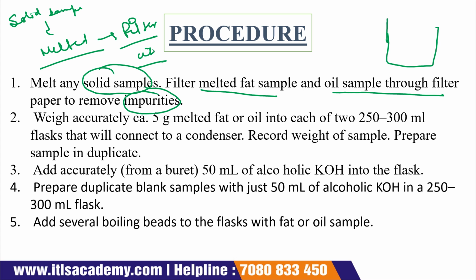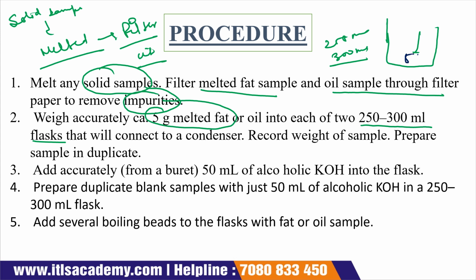Then we weigh 5 gram of melted fat or oil into each 250 or 300 ml flask. We have either a 250 ml or 300 ml flask, and we put in 5 gram of melted fat.